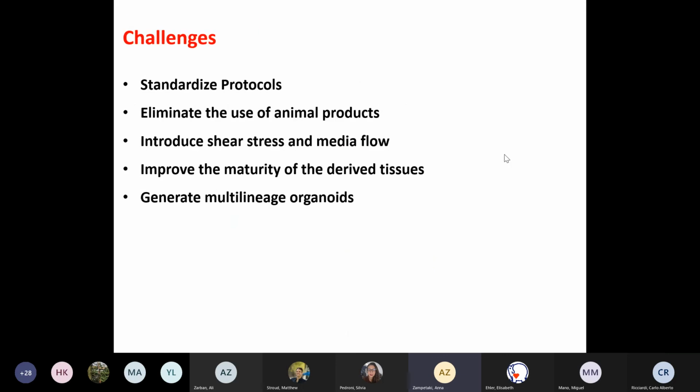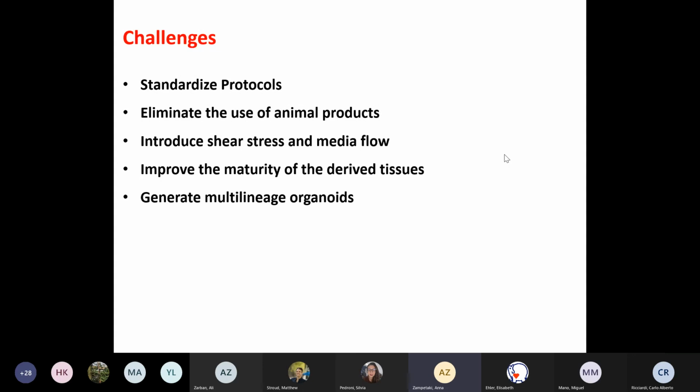But of course, there are several challenges ahead and there are lots that need to be done. So first of all, we need to standardize the protocol so that we have reproducible organoids in terms of size, in terms of cell composition, in terms of function.